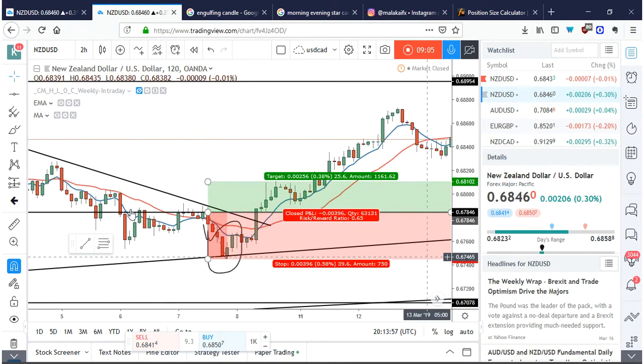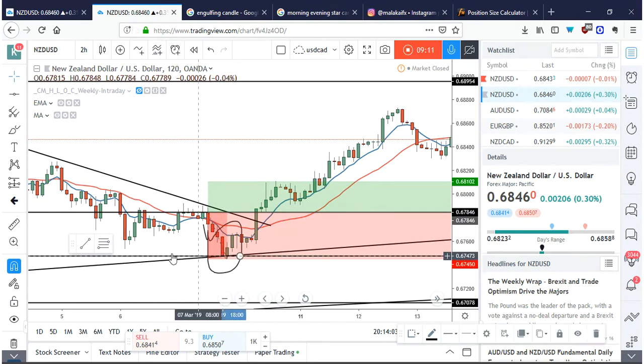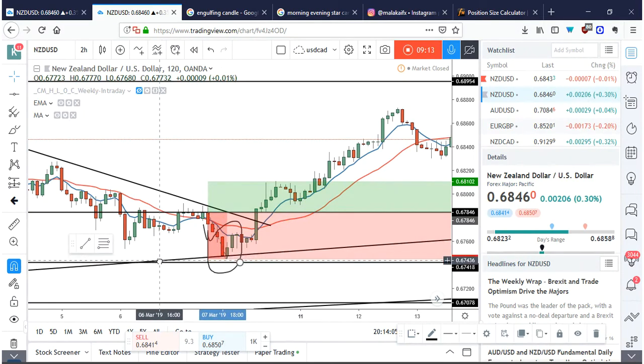You want your stop loss, which is your safety net, 8 pips below this candlestick pattern. So we'll count 8 pips. 1, 2, 3, 4, 5, 6, 7.